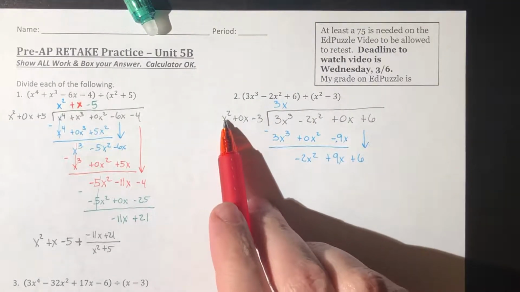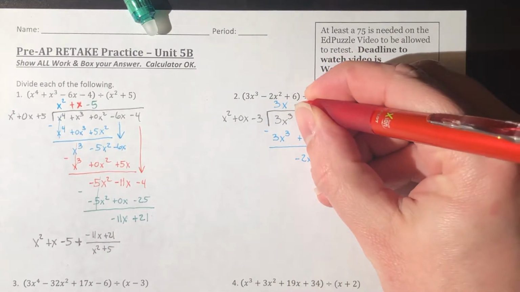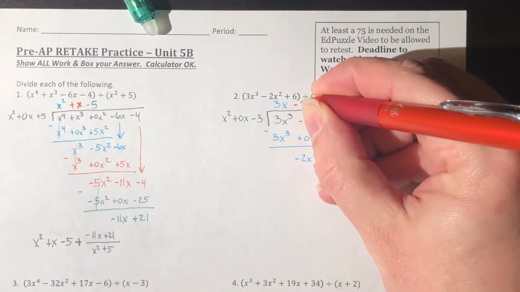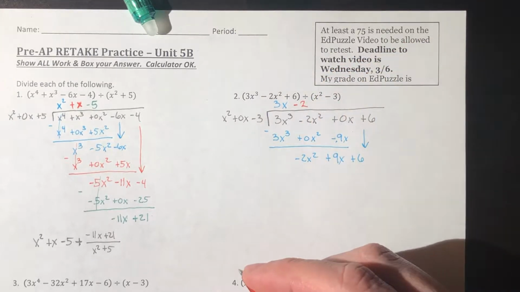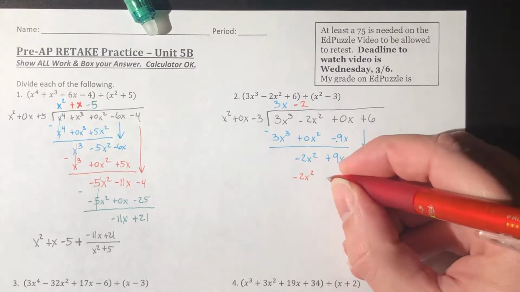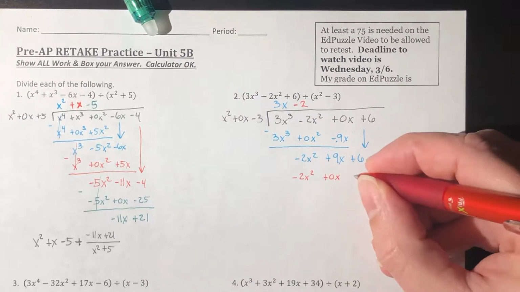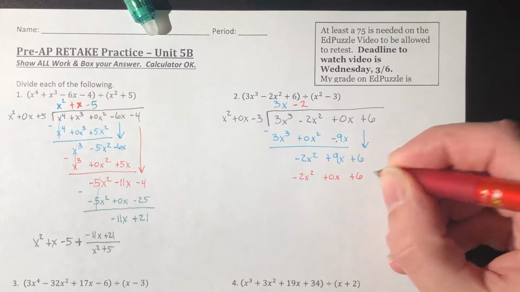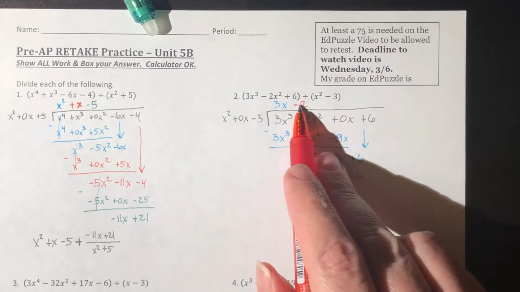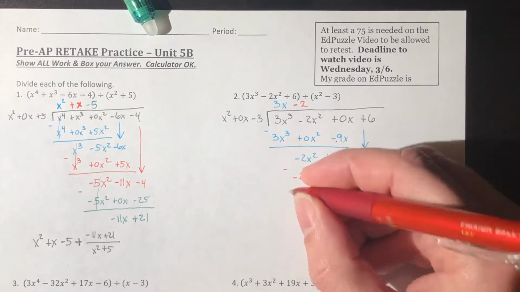I go again. To get from x squared to negative 2x squared requires me to multiply by negative 2. So I've got negative 2x squared plus 0x plus 6, because I had negative 2 times negative 3, that's what gave me plus 6.